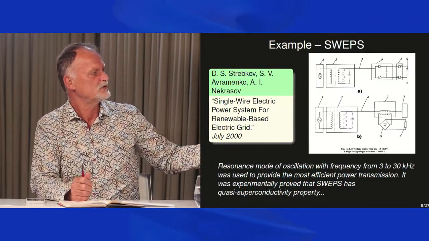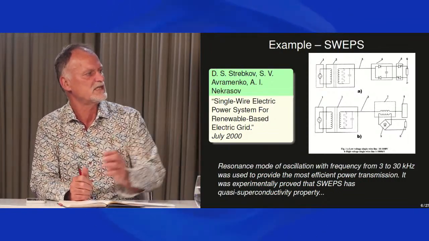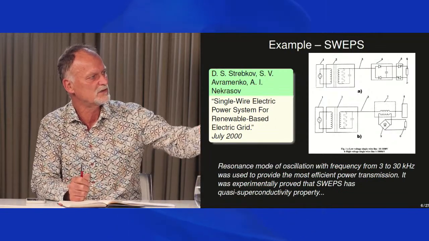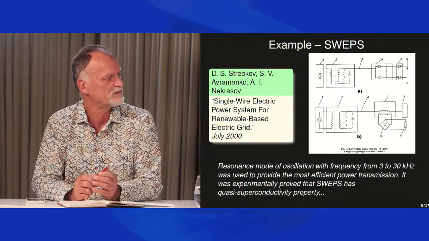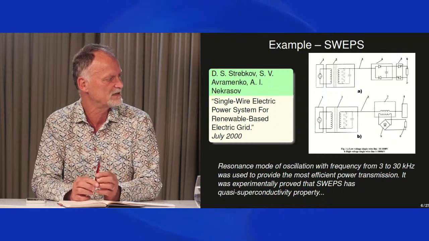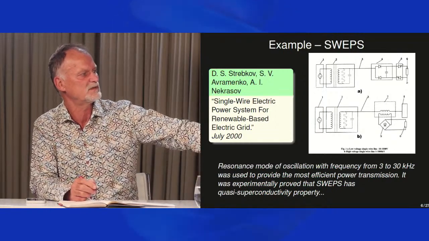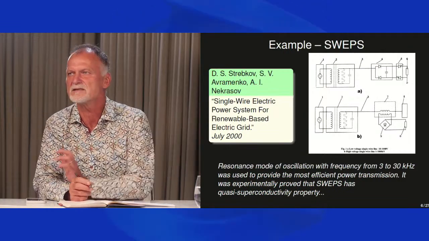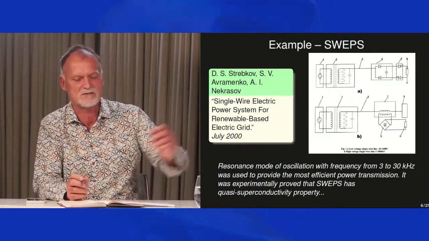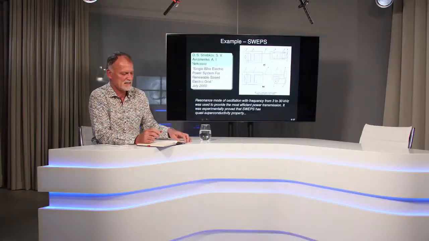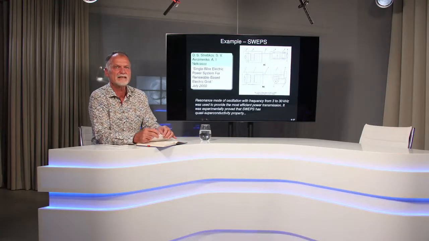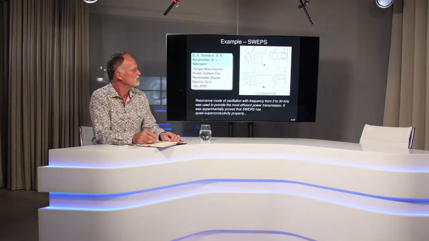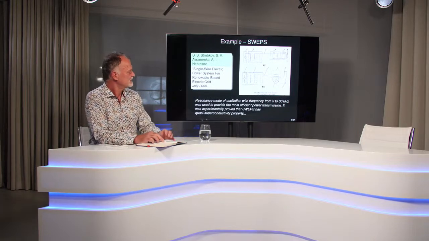And the resonance mode of oscillation with frequency about 30 kilohertz was used to provide the most efficient power transmission. It was experimentally proven that this SWEPS has quasi superconductivity properties. I just picked up a couple of sentences from this paper because I think it's really opening a very interesting new era for the research, right?